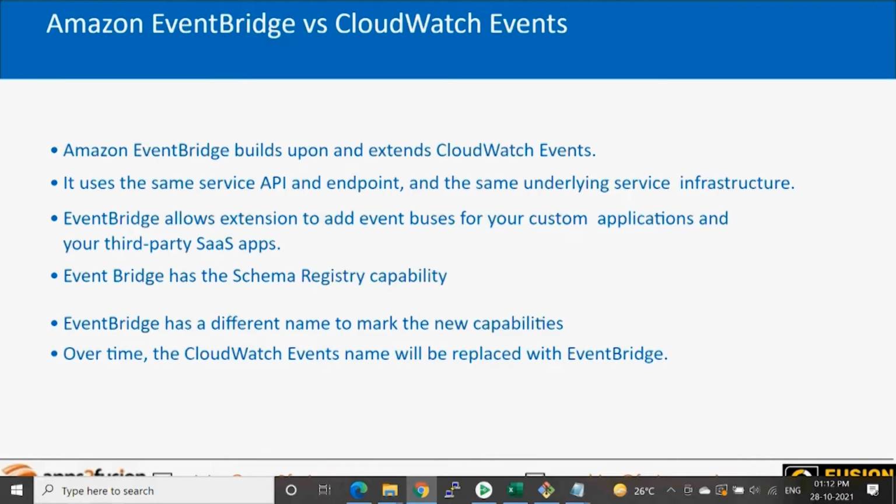Next is AWS X-Ray. Okay, so AWS X-Ray is also one of the monitoring tools from AWS. AWS X-Ray helps developers to analyze and debug production distributed applications, such as those built using microservices architecture. With X-Ray, you can understand how your application and its underlying services are performing to identify and troubleshoot the root cause of performance issues and errors.